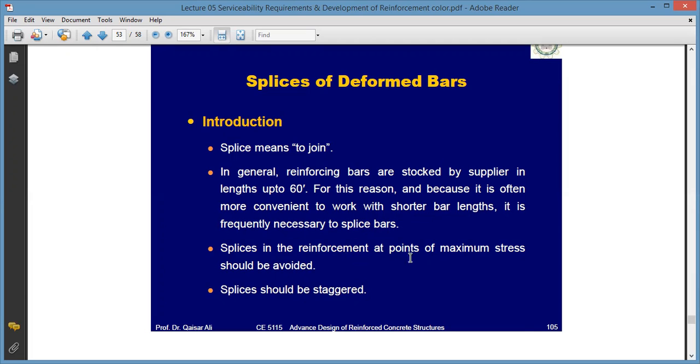Splices in the reinforcement at the point of maximum stress should be avoided, and splices should be staggered. So the third point says that we should identify the point where maximum stresses are developed, and we should not provide splices there. We should avoid these points.